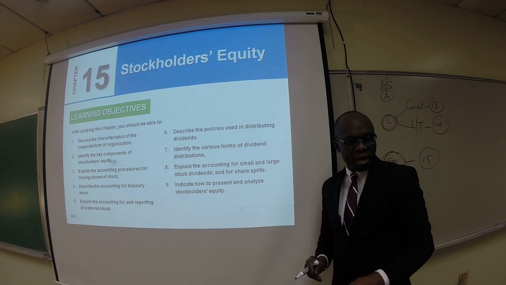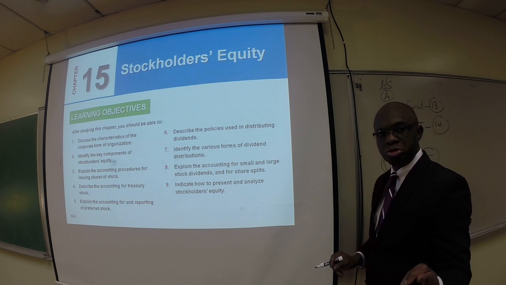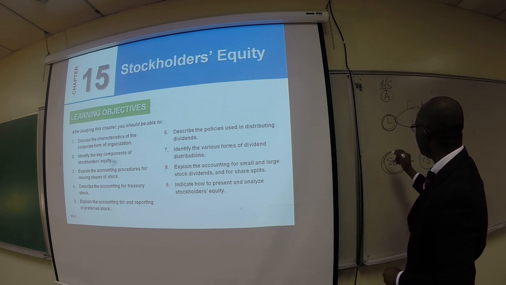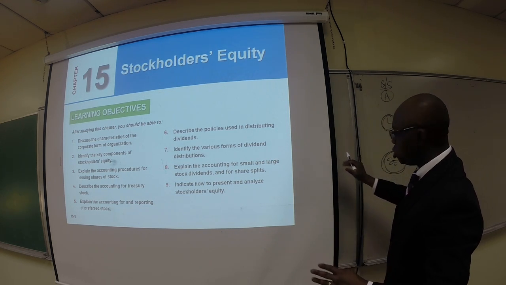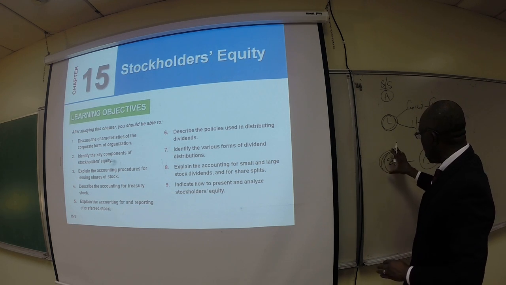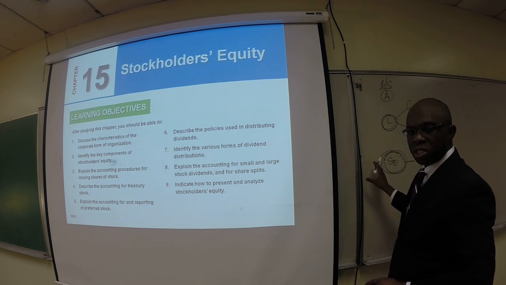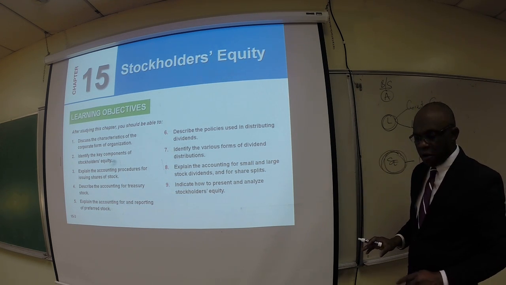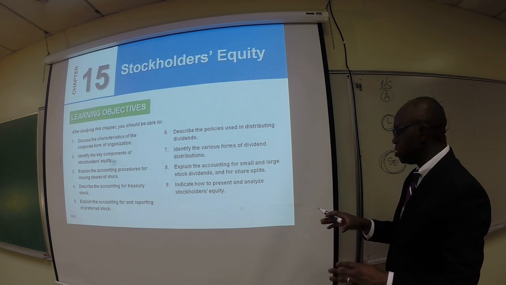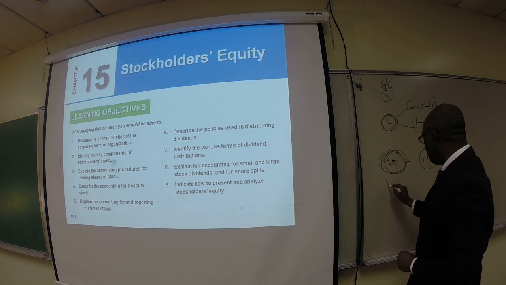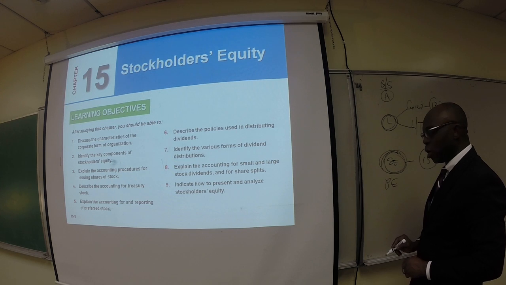This is not in your textbook, but I just want you to know from the outset that for a corporation, we call this third element stockholders' equity. However, for a partnership type of business, we call it partners' equity.